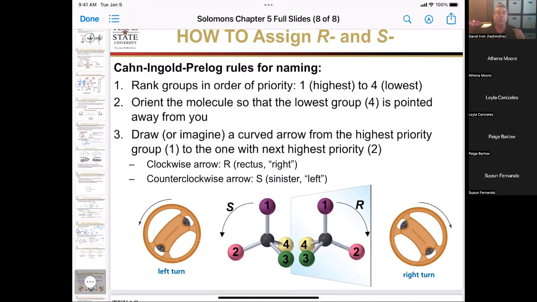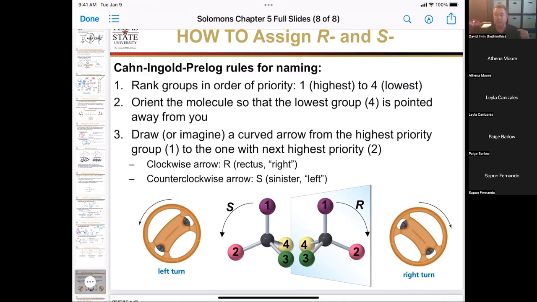Because we want to make sure that 1, 2, and 3 are going either in a clockwise fashion or in a counterclockwise fashion. If they're going in a clockwise fashion, we call this rectus, or right, and that is going to give us our R configuration.